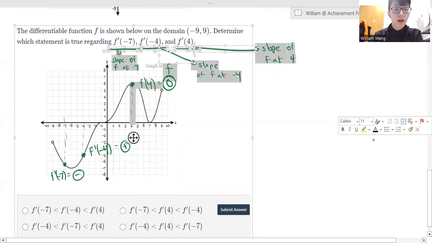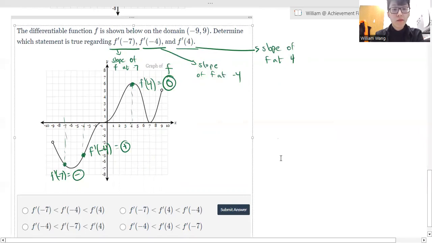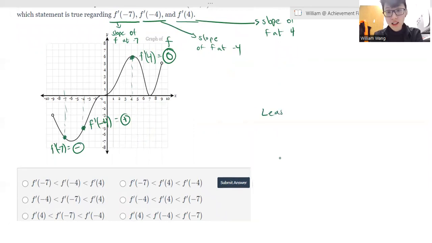So let's order these, that's what they ask us to do in the answer choices. They want us to order them from least to greatest. What is the smallest one? Well, my derivative at -7 is the least because it's negative.